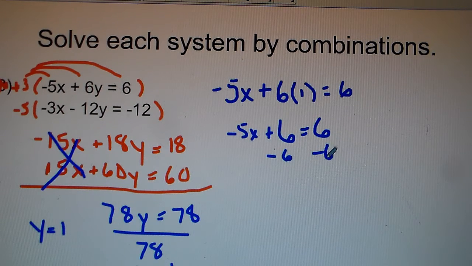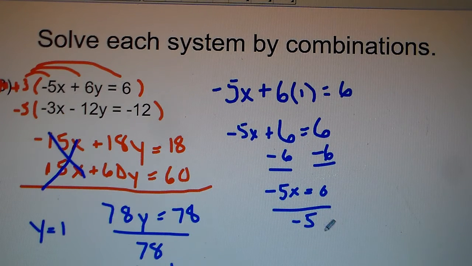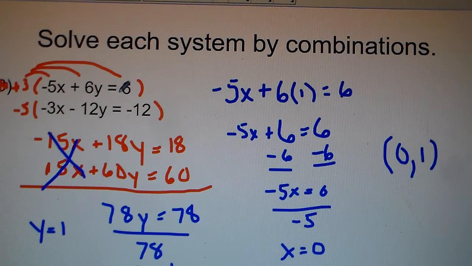You then subtract 6 from both sides, and you get negative 5x equals 0. Divide both sides by negative 5, and you get x equals 0. So our final answer is going to be 0, 1. That's the coordinates, the solution to the system of equations.